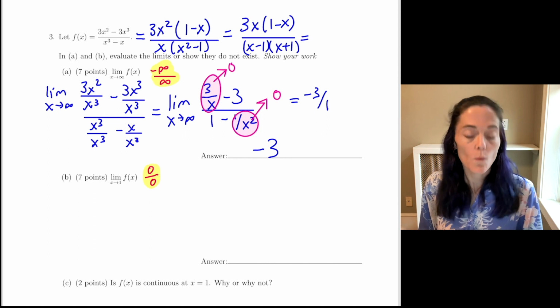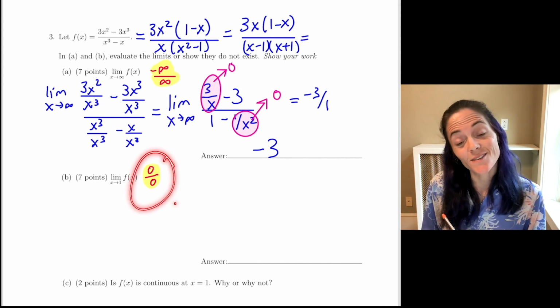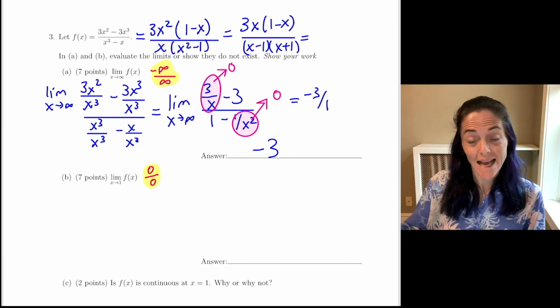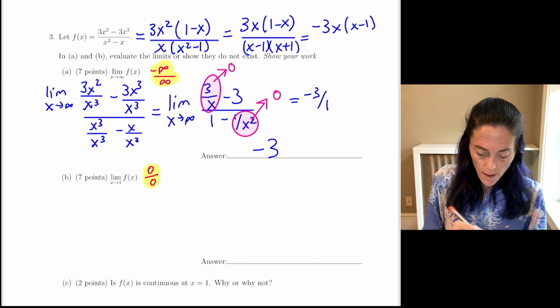Now, the issue with this 0 over 0 is the 1 minus x in the numerator, while the denominator is written x minus 1. So let's factor out a minus sign. So this is minus 3x, x minus 1. And then I have this.